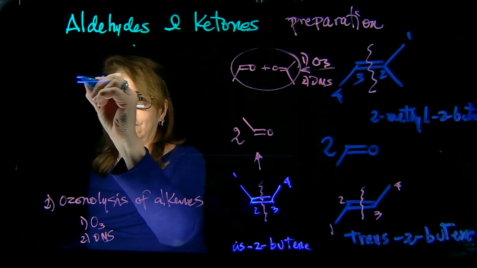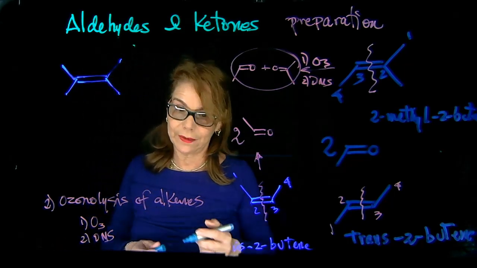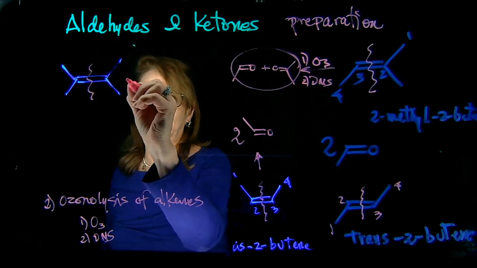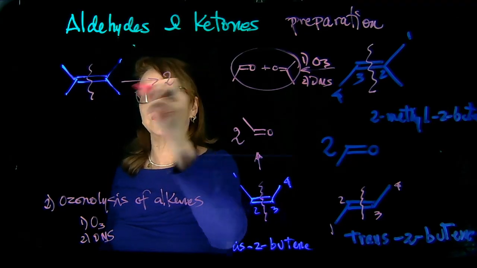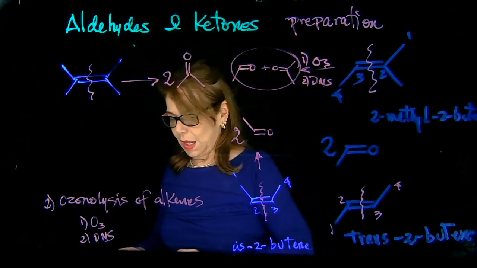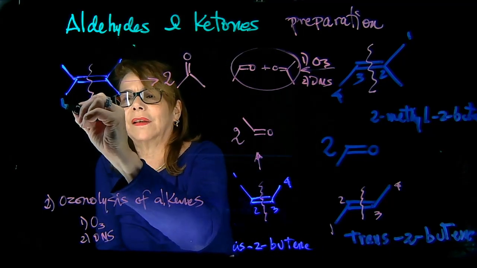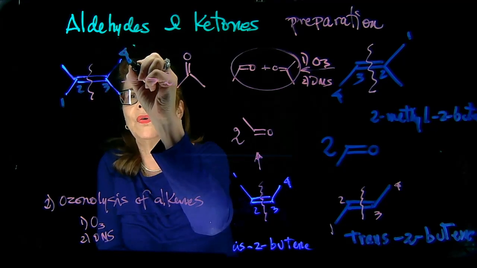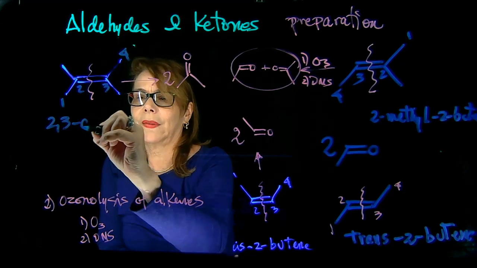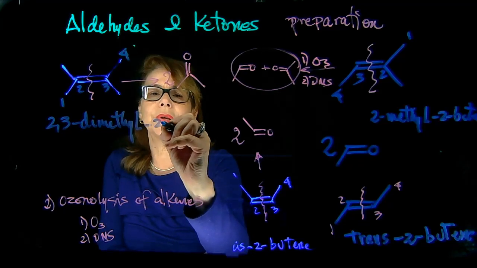So if I start from this one, now I have the same substitution, methyl on each side of the double bond, and upon ozonolysis, I am going to get 2 moles of acetone, right? And regarding the name, just to keep track of what we're doing, this is 1, 2, 3, and 4. This is going to be 2,3-dimethyl-2-butene.